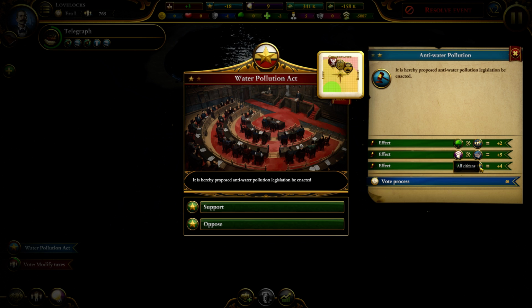Bonus physical environment services, all citizens +4. Demand's going to go up and we get a bonus of +4. I'm not really sure I get that one. It's a bit of a challenge to figure out exactly what effect these things are going to have. But I like how they use these symbols to do it.